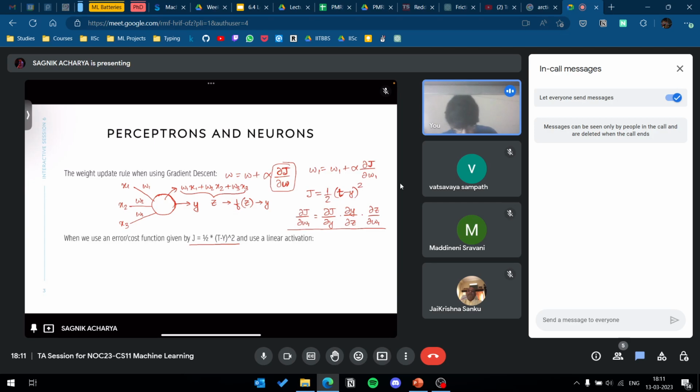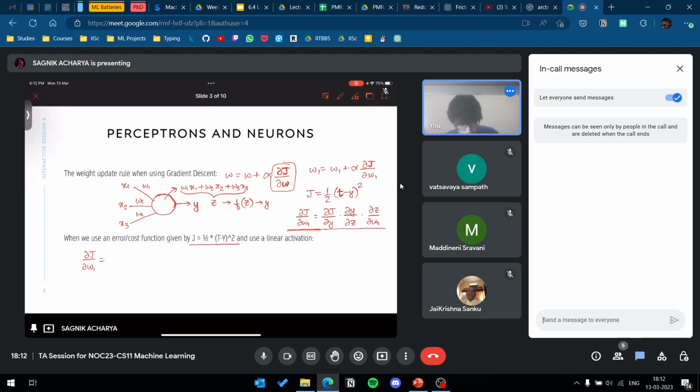Now that we have this chain rule, we can start to put in these values. Del j by del y, what is this value? We want del j del y.